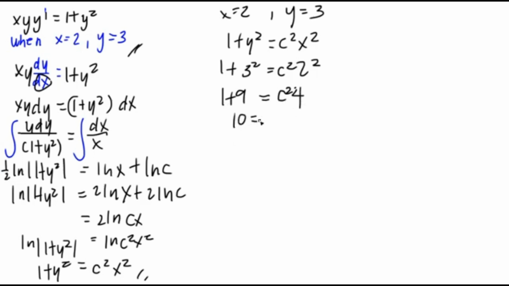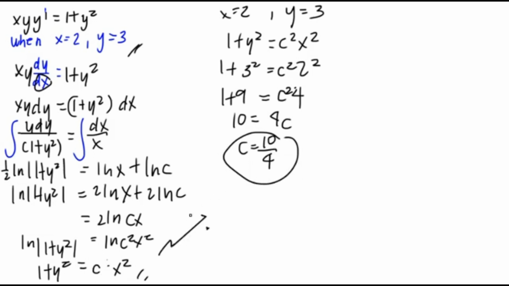So, 10 is equal to 4c. Magiging c is equal to 10 over 4. Ngayon, pwede nating tanggalin na tong squared na to since ma-absorb lang yan ng c since ang c is constant. So, substitute natin tong value ng c sa general equation.